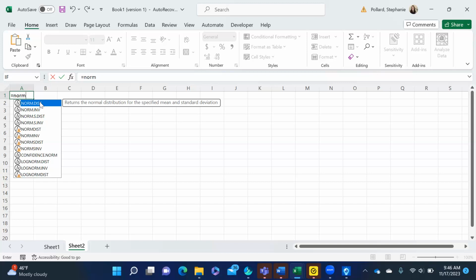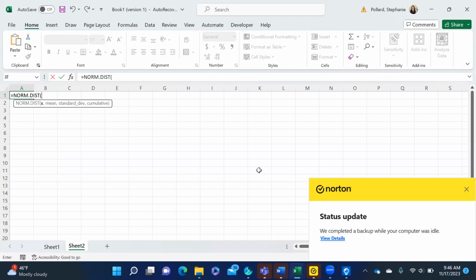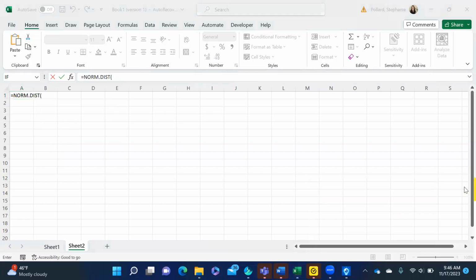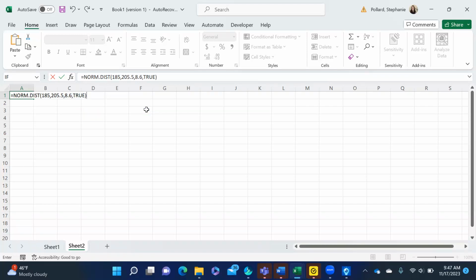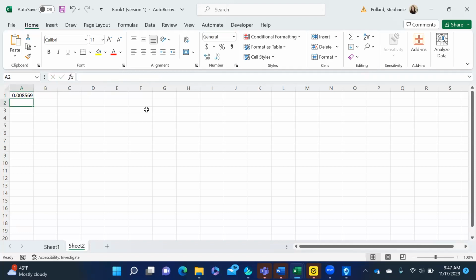Use the first one, the normal.dist. My X value is 185. My mean is 205.5. My standard deviation is 8.6. I'm just putting commas in between. And then you can write or just click that word true. I close my parentheses and then I hit enter, and there is our value.